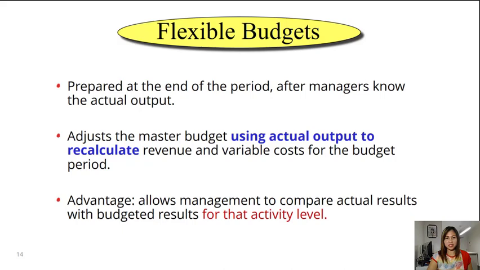So flexible budget. What is a flexible budget? A flexible budget is usually prepared at the end of the period after managers know the actual output of the production. And how do you prepare a flexible budget? You basically just recalculate all the items for the budget, doing the calculation using the actual output of production.